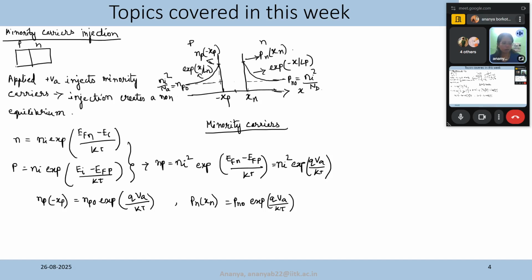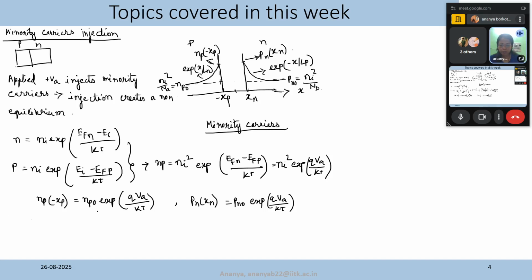The important thing is that the excess carriers depend on our applied voltage, and that is how the current in a PN junction depends on the applied voltage. All the derivation steps are given in the book, which I have shown you earlier, and if you are interested you can study it. So these are our excess minority carriers at the edge of the depletion region.